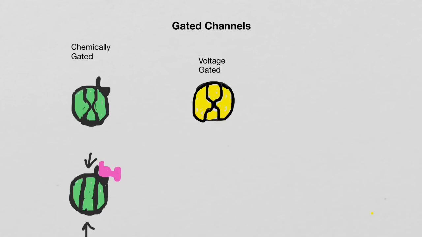So again, a voltage-gated channel is going to open and close in response to voltage. So here we have the open voltage gated channel, and I put a little lightning bolt over here to help you remember that voltage gated channels open or close in response to changes in voltage.